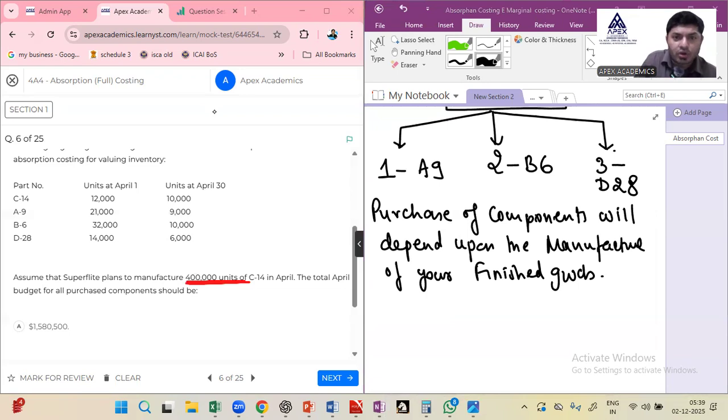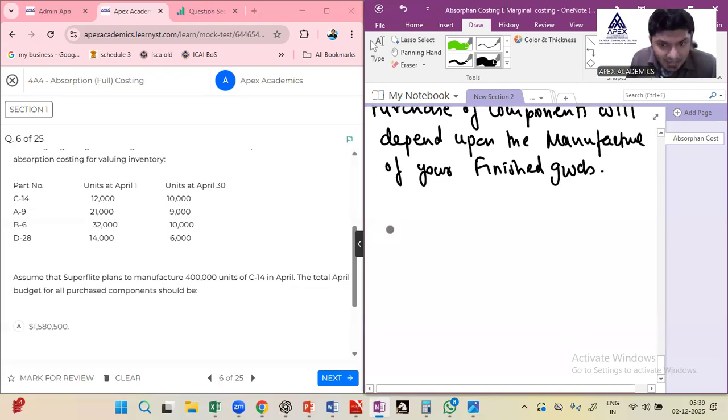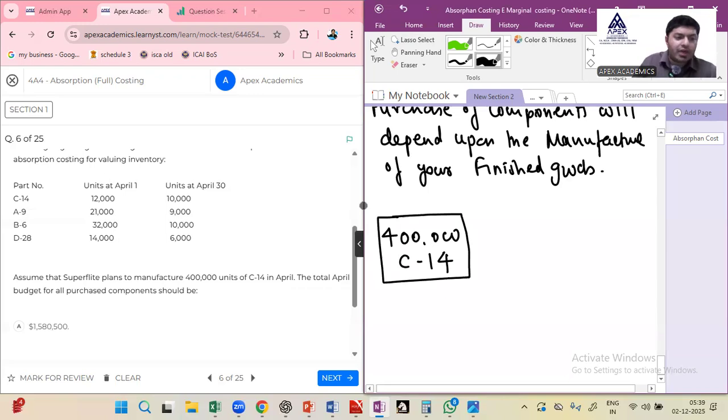So if I talk of 4 lakh units of your C14, please see what will happen. I am making 4 lakh units of C14. To make these 4 lakh units, I need 1 unit of A9 per unit.